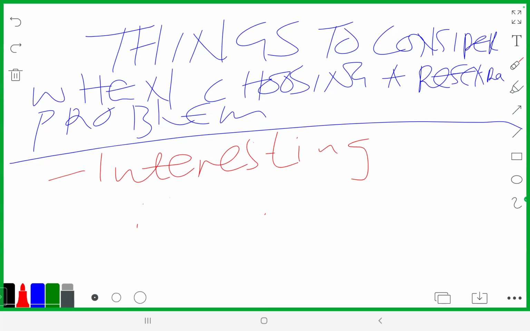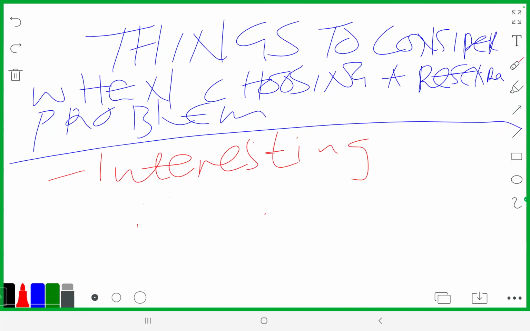What do I mean by the area of interest? What is it that is interesting you? There could be some things that you are interested in just as an individual, areas where you are passionate about something.